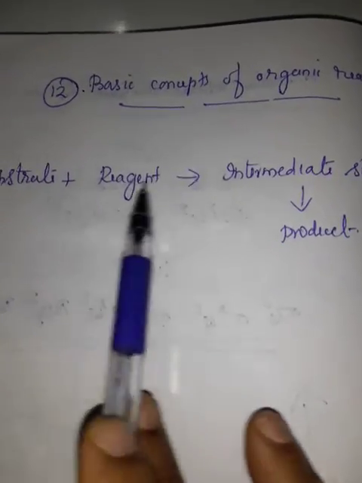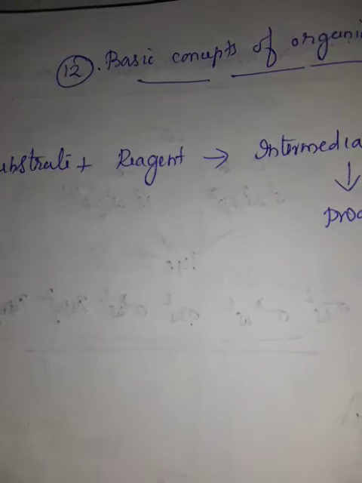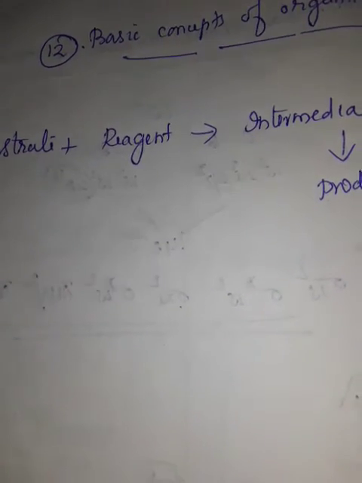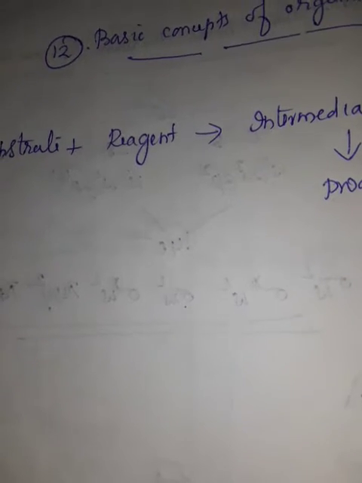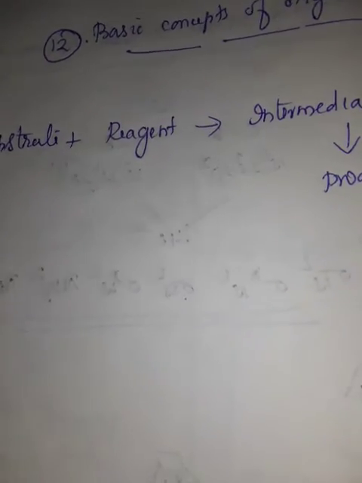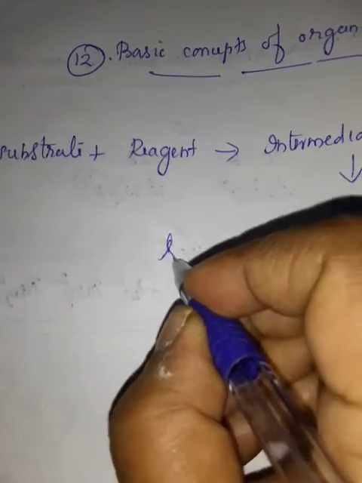Now, this reaction can occur in one step, two steps, three steps, or many steps. Some steps will take place quickly, and some steps will take more time. In a reaction, the step which takes place very slowly is the slowest step.